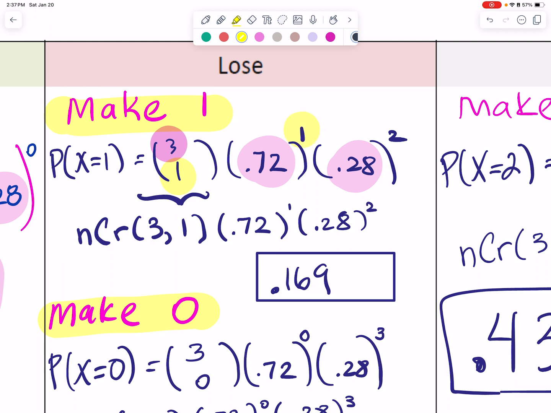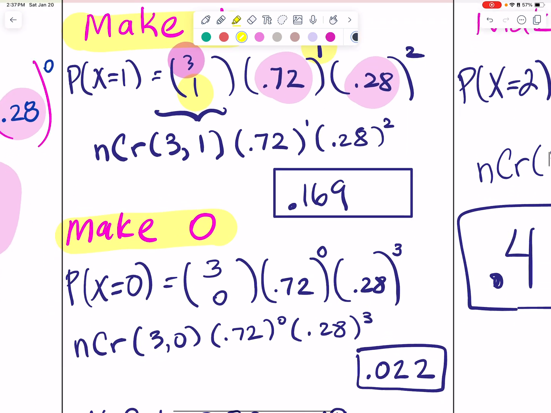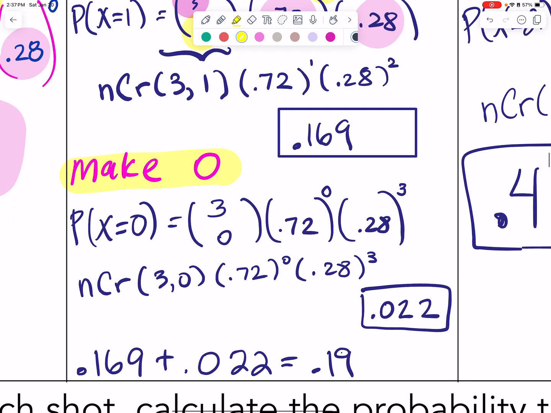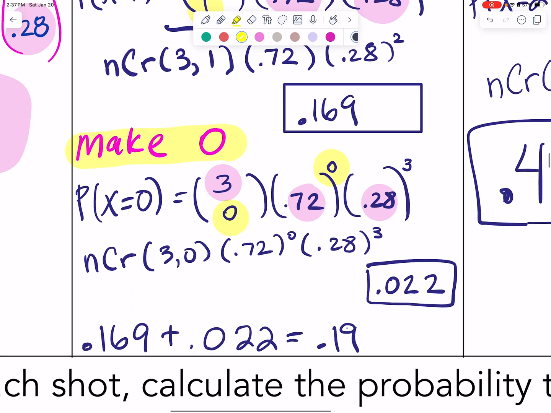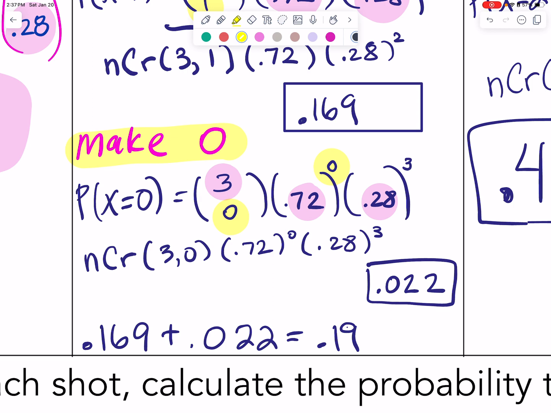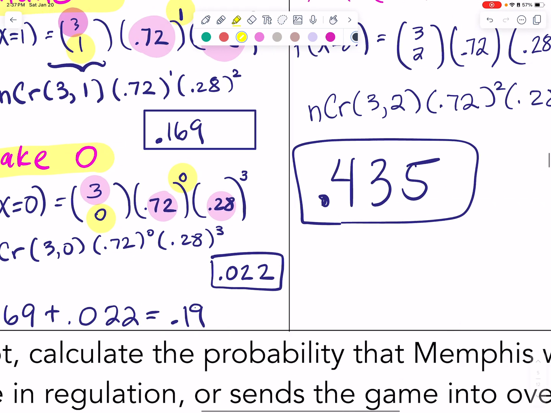How many did I make? I made 1. How many did I miss? I missed 2. So continue down here, and remember these 3 things didn't change: 3 choose 0, 72% to the 0, and 28% to the 3. And I have to add both of these results together since there are 2 ways to lose.